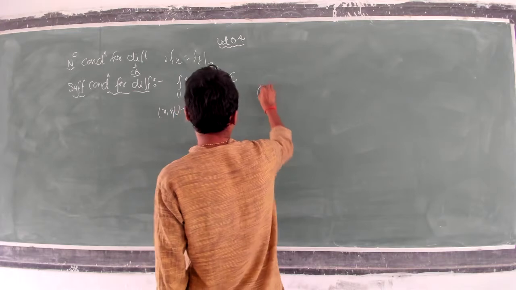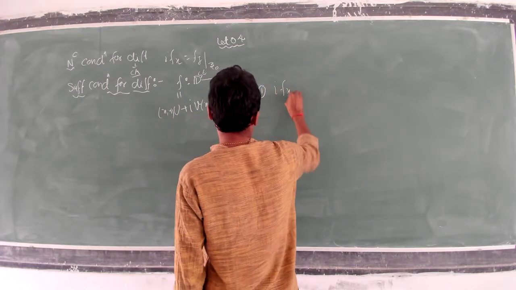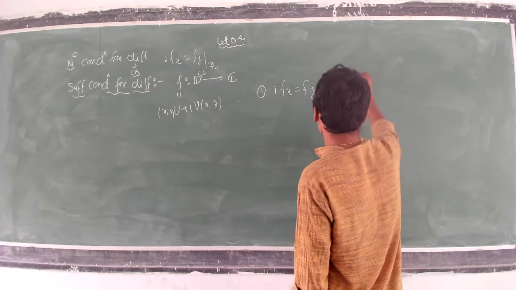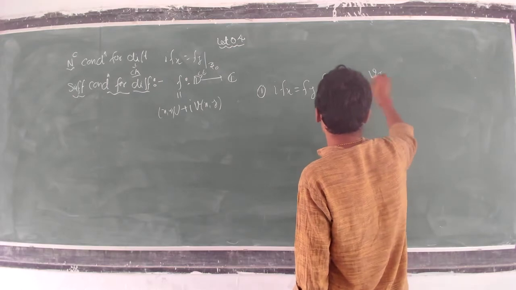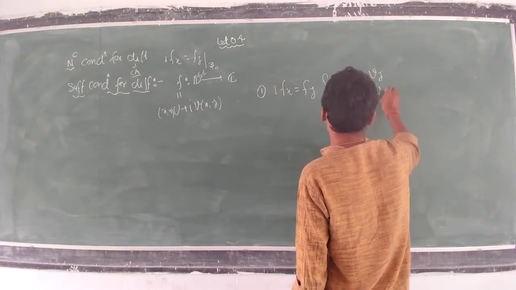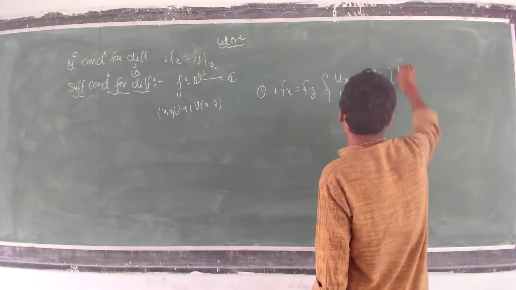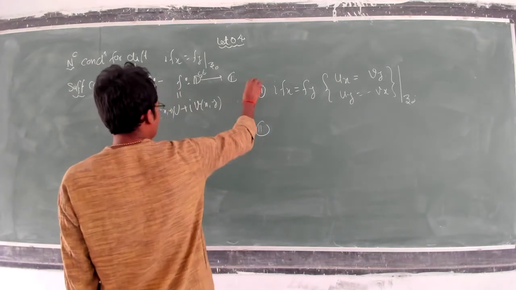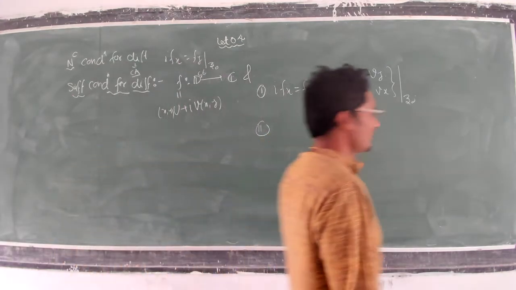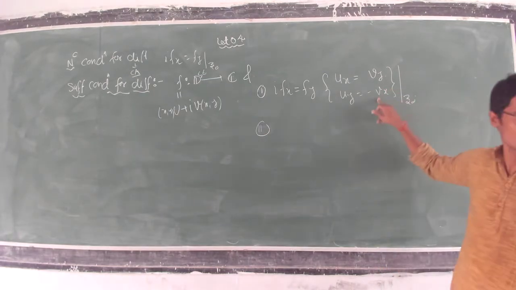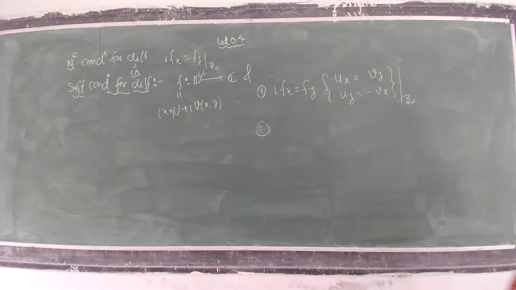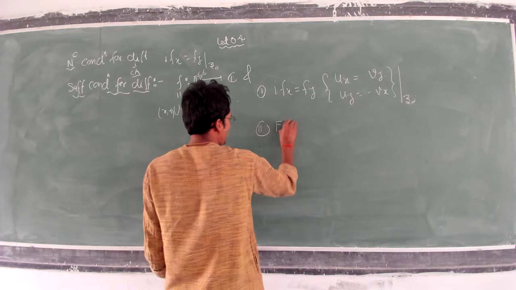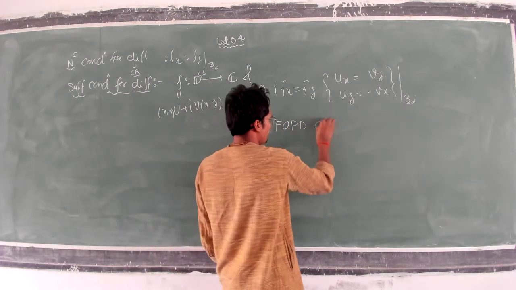The first is fx is equal to fy, or the same as ux is equal to vy and uy is equal to minus vx at a particular point z naught. This is the necessary condition, and one more condition we are going to add here: the first order partial derivatives should be continuous.